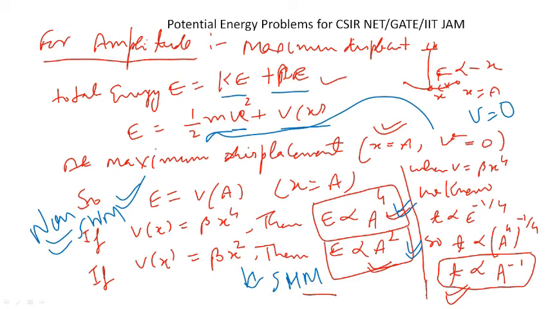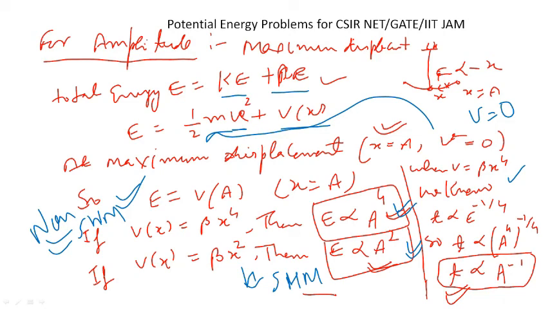Now we can find the relation for time period also in terms of the amplitude. You know that V is equal to beta x to the power 4 for the non-simple harmonic case, and we have already derived that the time period is directly proportional to E to the power minus 1/4.